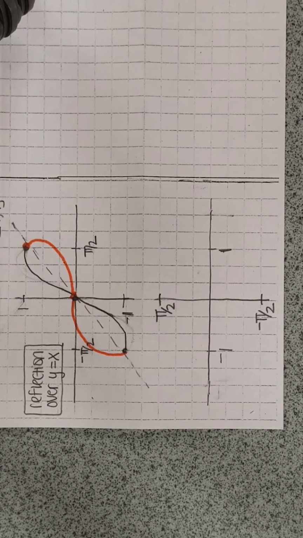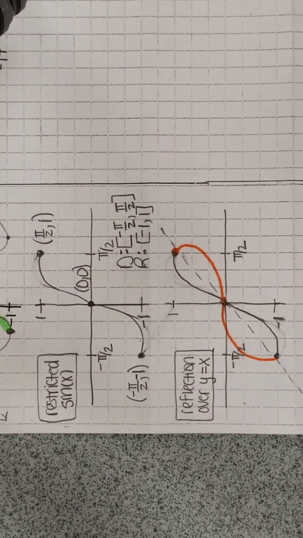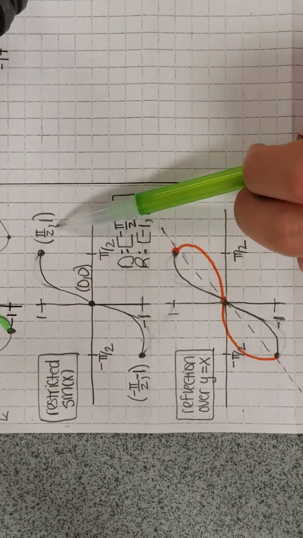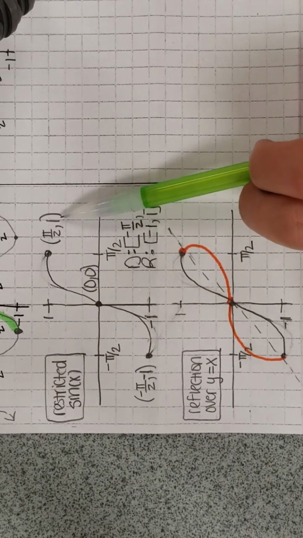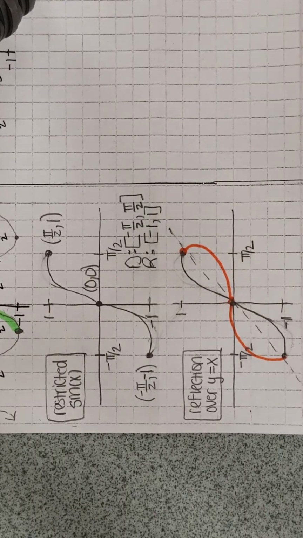Again, with that concept of switching x and y, it's a little easier for you to see than I can show here, but I'm going to slide this down. We literally reverse these ordered pairs. So pi over 2, comma 1 now becomes 1, comma pi over 2.